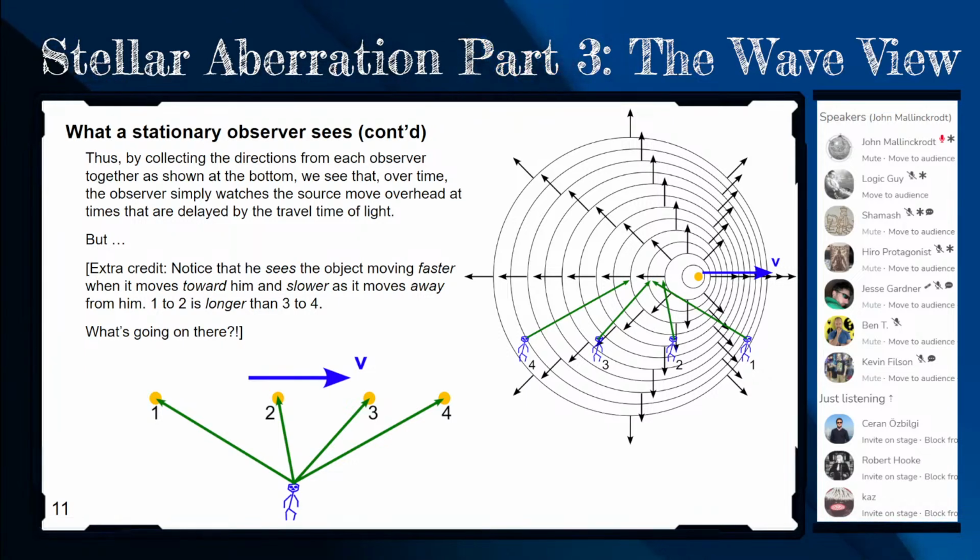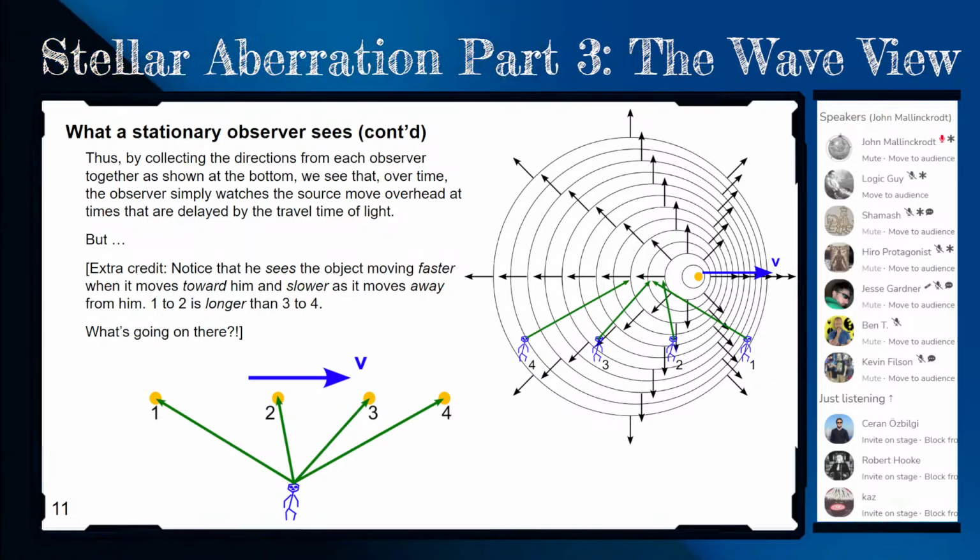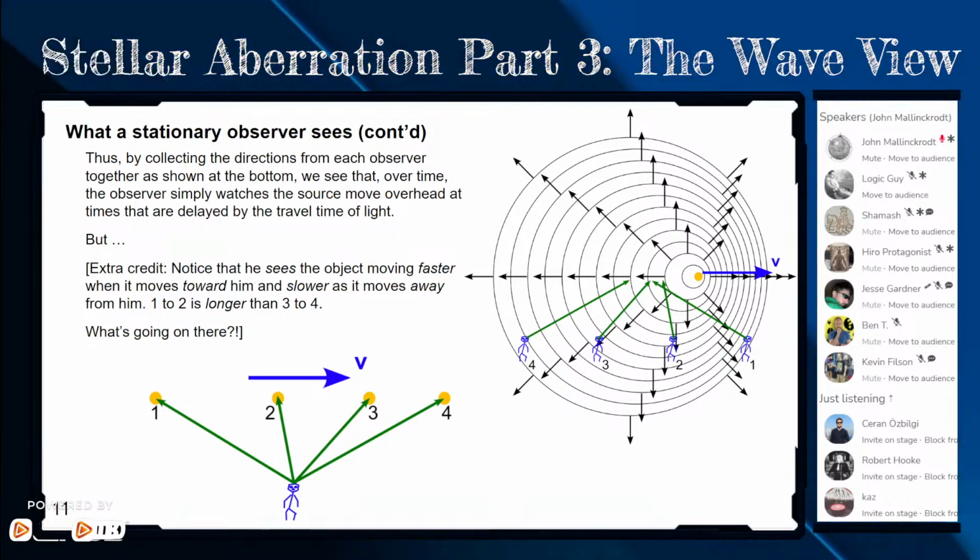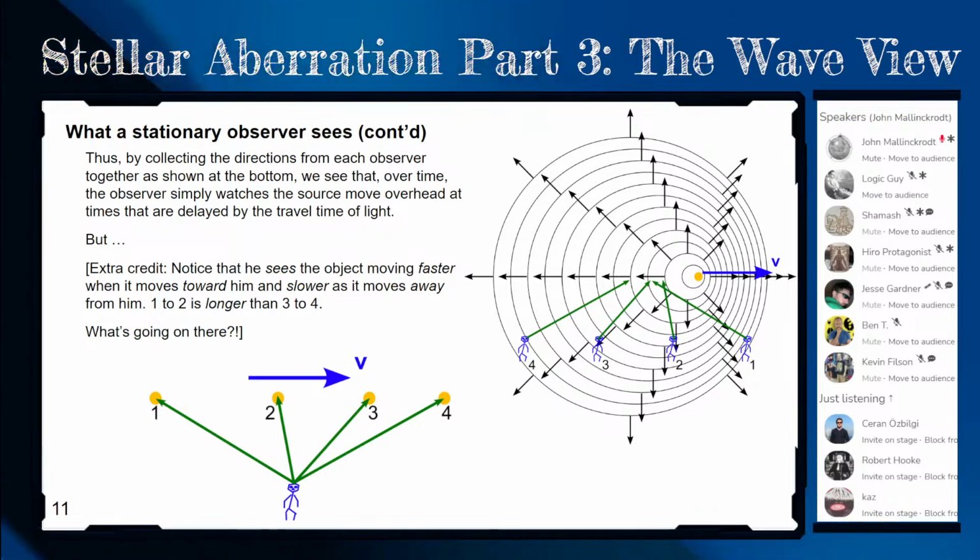If a spaceship comes toward you at nine-tenths the speed of light, you will see it really far away, and then it will come toward you apparently at three or four times the speed of light, because you see it a long way away. It was now moving toward you, following in close succession behind the light that it already emitted toward you.